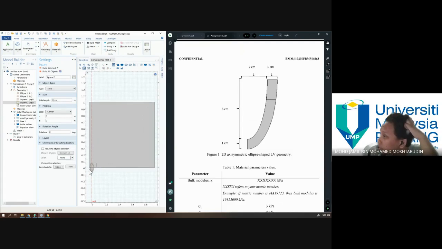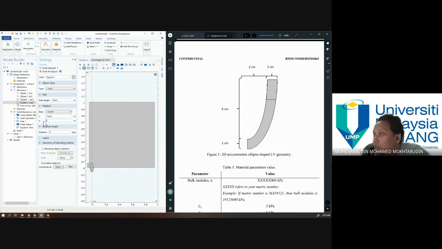So we move it here. So negative 7 cm. Macam cover sini.